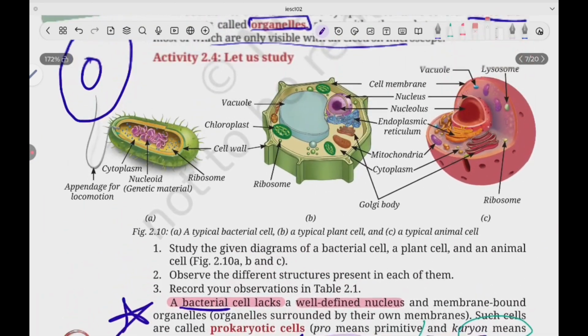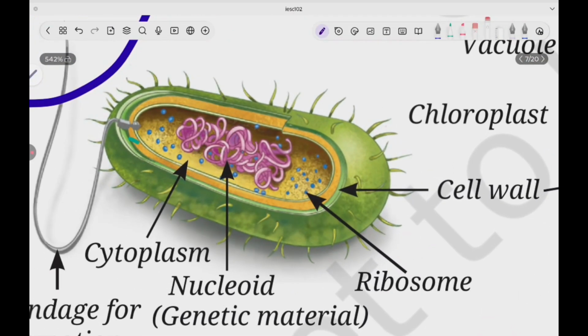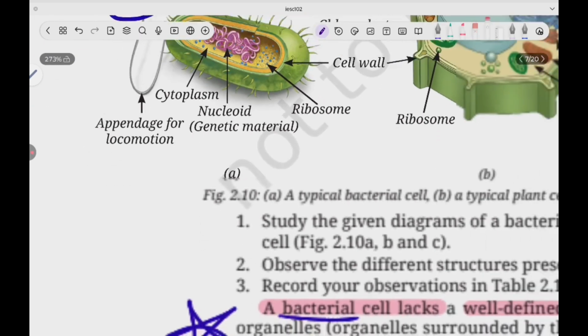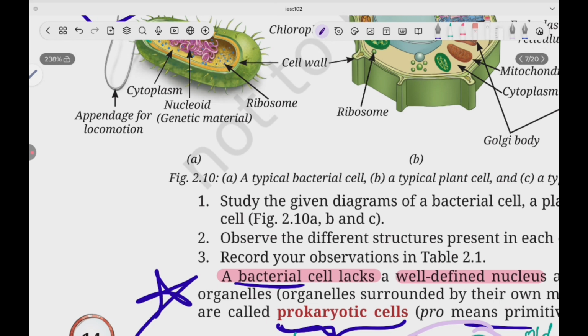You can see that the genetic material here is freely suspended. It is not covered by any nuclear membrane. It lacks membrane-bound cell organelles.